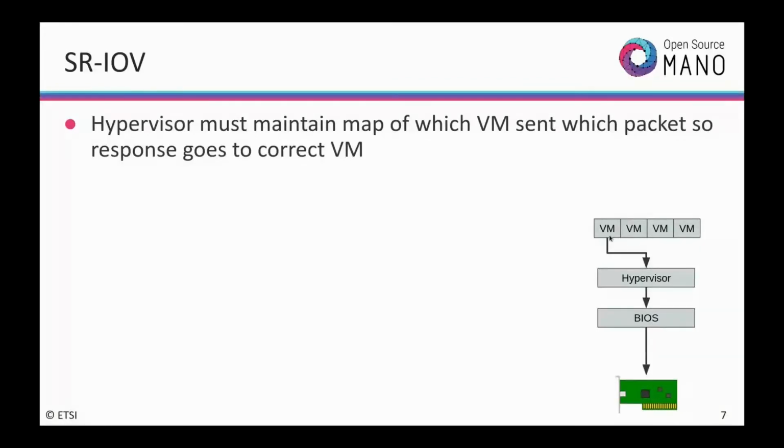The other is what's called paravirtualization, which is the VirtIO driver that you may have seen referred to in previous sessions when we talk about the network interface that's going to be used.